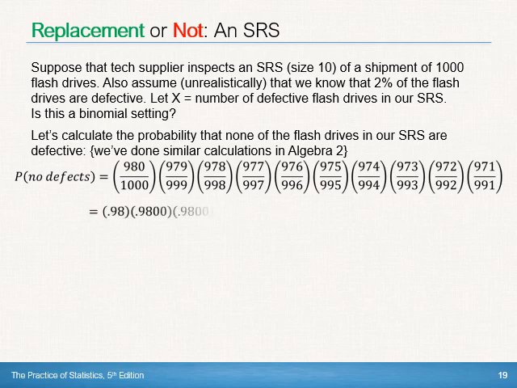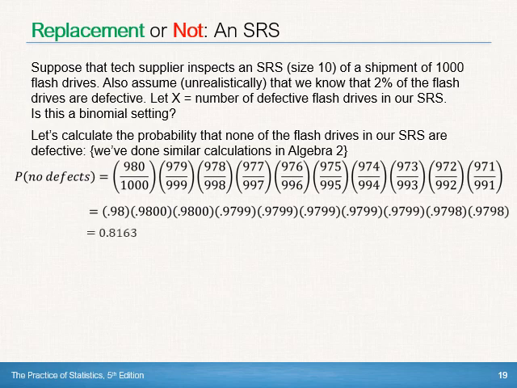So if I actually changed all those into decimals, you would see that they all are about 98%. The first ones are 98 out to 4 decimal places. They are actually a little bit different than that. But if I multiply all those together, I get about an 81.6% chance that they're all going to be working.